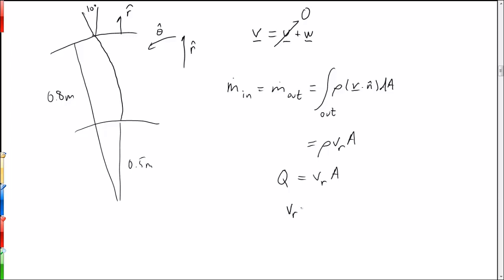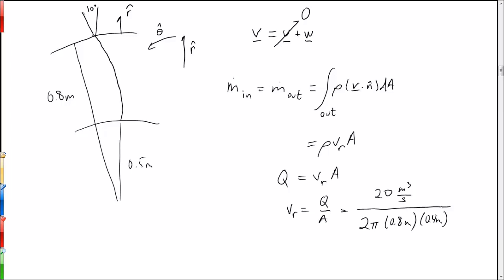And so V_r equals Q over A, which equals 20 cubic meters per second over the area of the outlet, which is 2 pi times 0.8 meters, which is the radius, times 0.4 meters, which is the height of the rotor into and out of the board in this particular case.